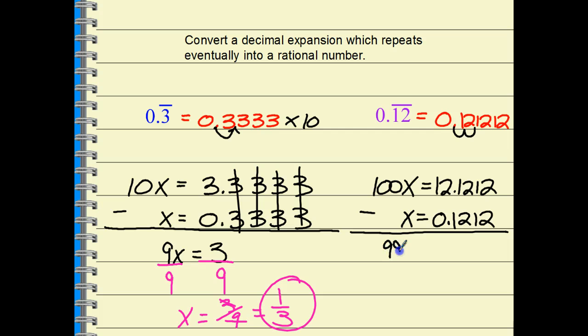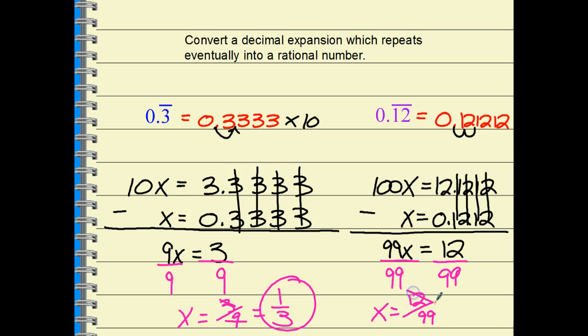So 99x is equal to 12. These all cancel to zeros if you subtracted them. And let's divide by 99, which is touching the x, on both sides. And x is equal to 12/99.